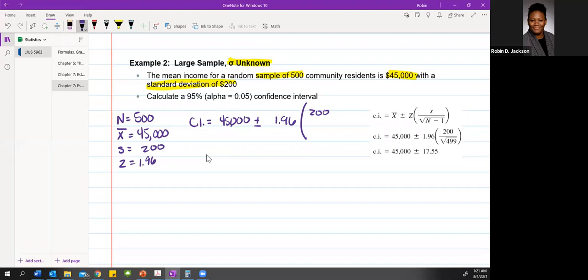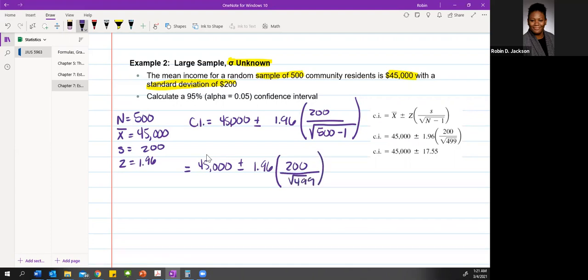That's a 2, not a Z. Divided by the square root of n, which is 500, minus 1. All right, so let's start doing some calculations. Equal to 45,000 plus or minus 1.96 times 200 divided by the square root of 499.